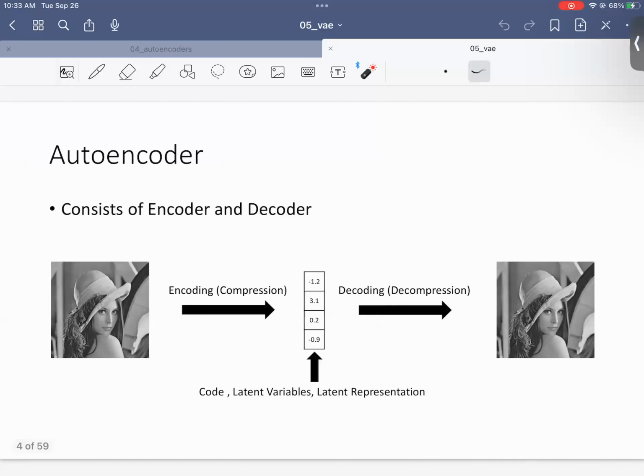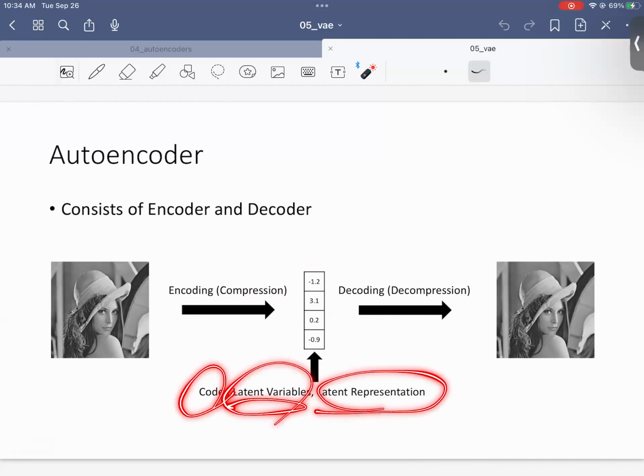So generative autoencoder. Hopefully we all know the basic concept of autoencoder: we have a compression stage, or the encoding stage, and the decompression or extraction stage, or so-called decoding stage. And the compressed vector representation in the middle, which we call Z, is usually called either code or latent variable or latent representation, right?